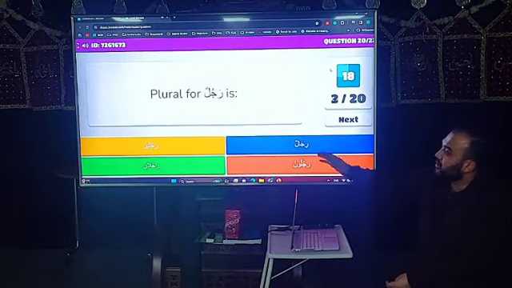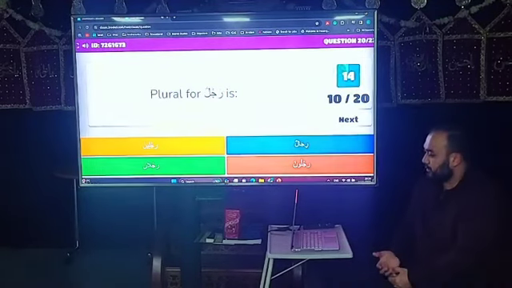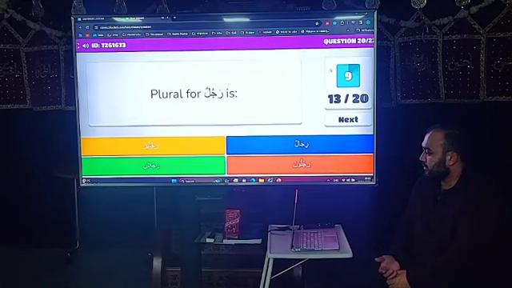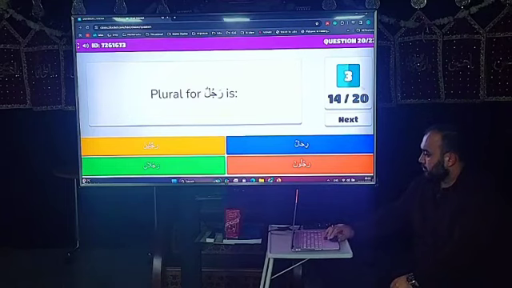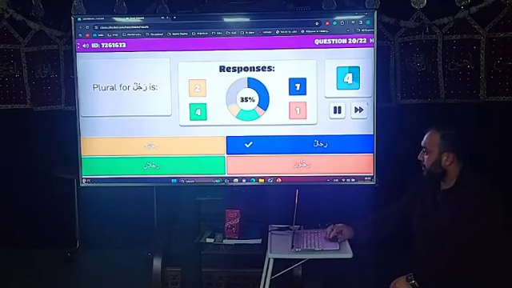Rajulun, plural for rajulun is rajulaini, rijalun, rajulani, rajuluna. Rijalun.